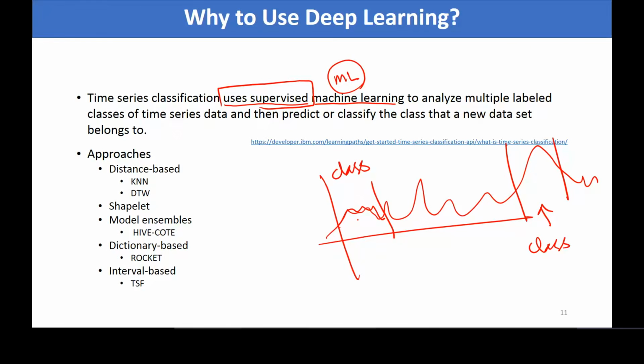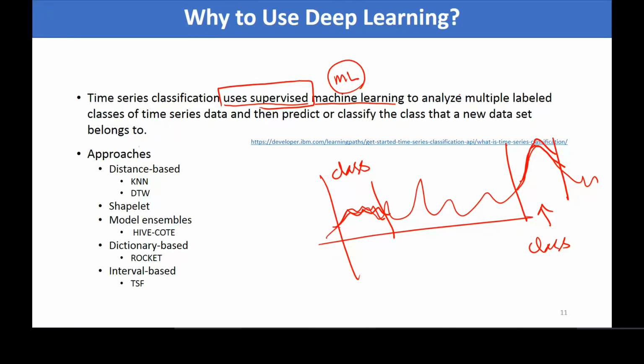Maybe this indicates a normal condition, a healthy condition. Maybe this indicates some abnormal condition for some vital sign from the body, or some kind of activity if this signal is generated by a moving object like a human, and this indicates another kind of activity. So these are different classes.